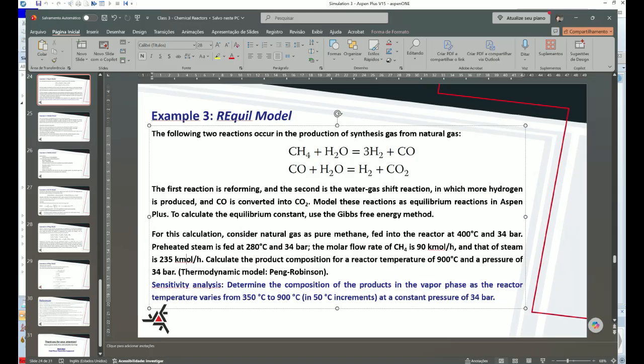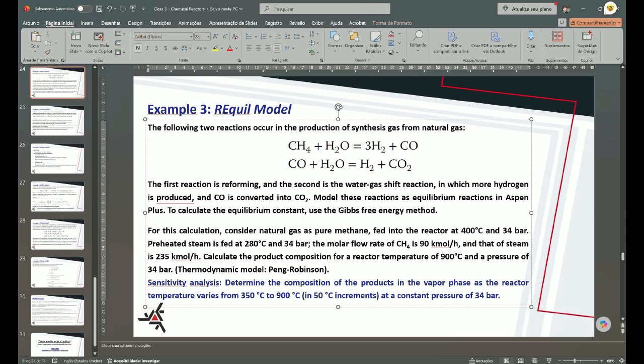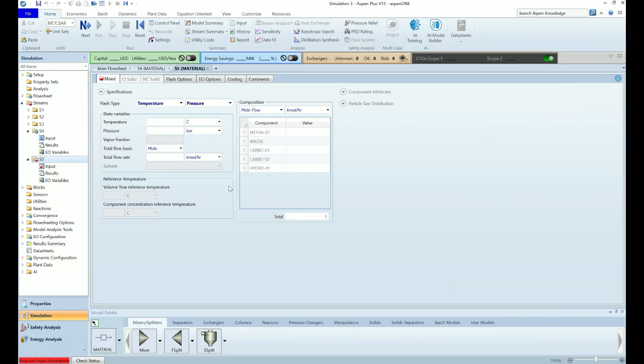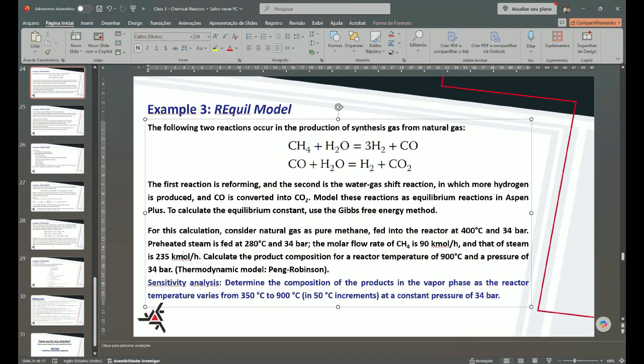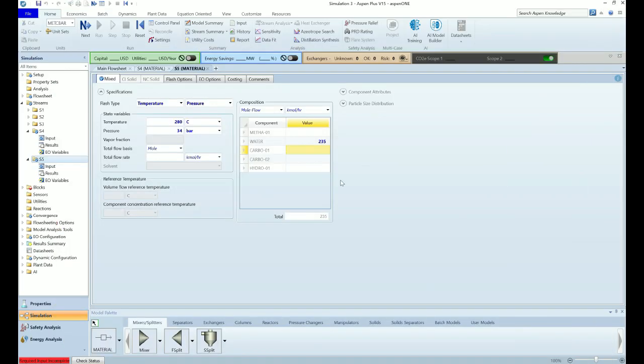For steam, the condition is different. Here, temperature 280 Celsius degrees, 34 bar, and molar flow rate of 235 kilomoles per hour. So I think these are the conditions, okay?